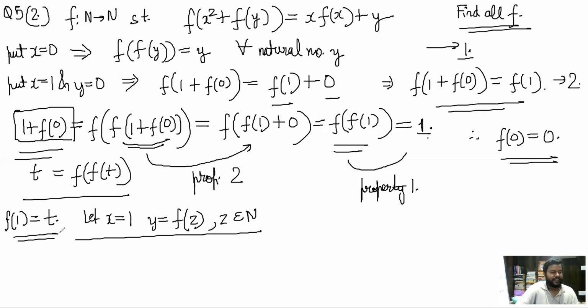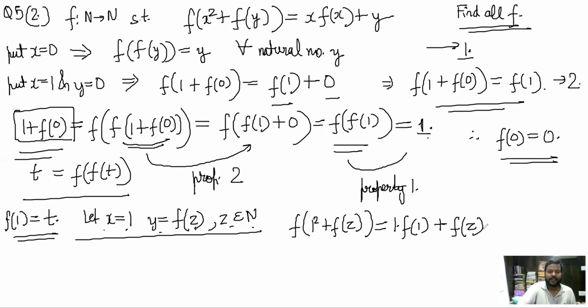So I have this relation. Let x is equal to 1, y is equal to f of z, and z belongs to natural number. So using the first property itself, you get f of 1 square plus f of z is equal to 1 into f of 1 plus y, which is f of z, right?